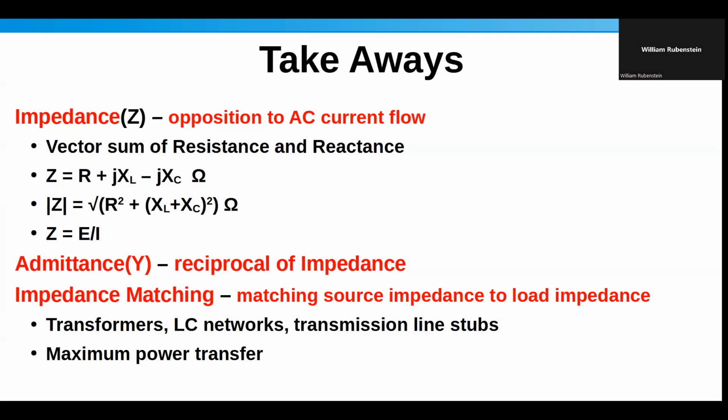It's the hypotenuse, the length of that vector. And it's also the ratio of voltage to current. So there are three different representations of it. Admittance Y is the reciprocal of impedance. That's what Y is. You just have to know it's the reciprocal.